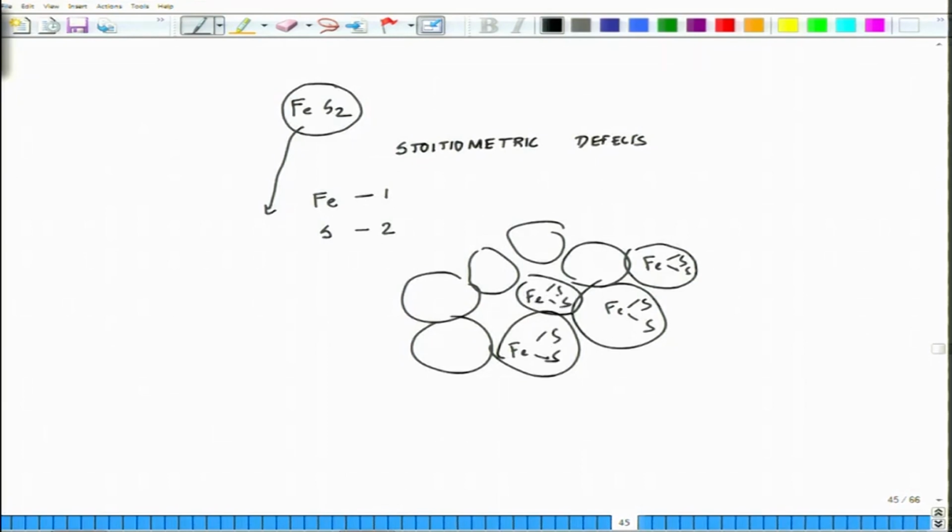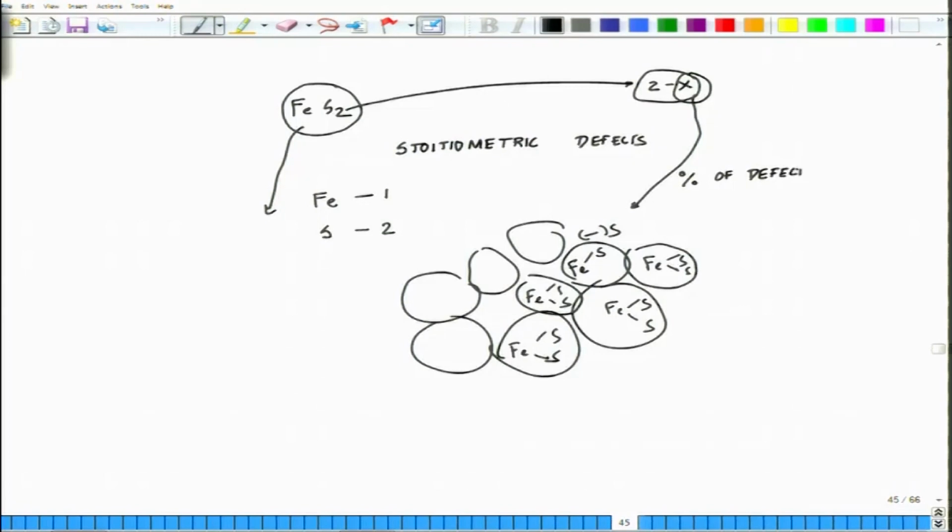Okay. So then there will be some molecules where there will be surface defects which make them devoid of sulfur. There will be very few, but there will be some, and that leads us to write 2 as 2 minus x, where x is essentially the percentage of defects, and this is what we call stoichiometric defects.